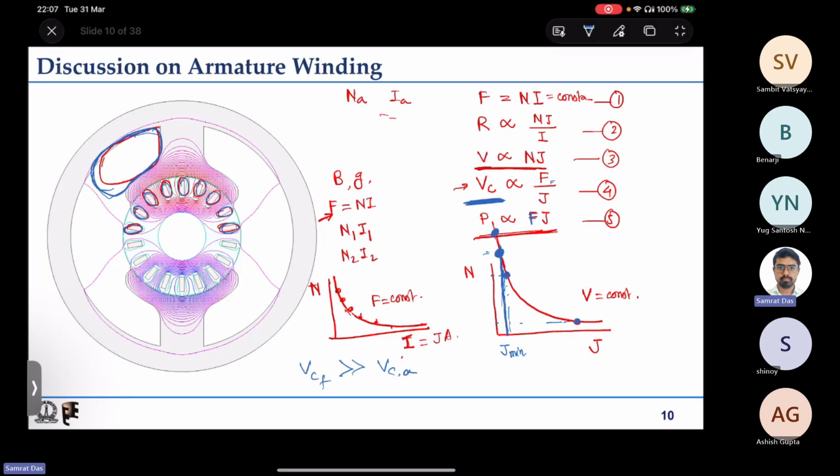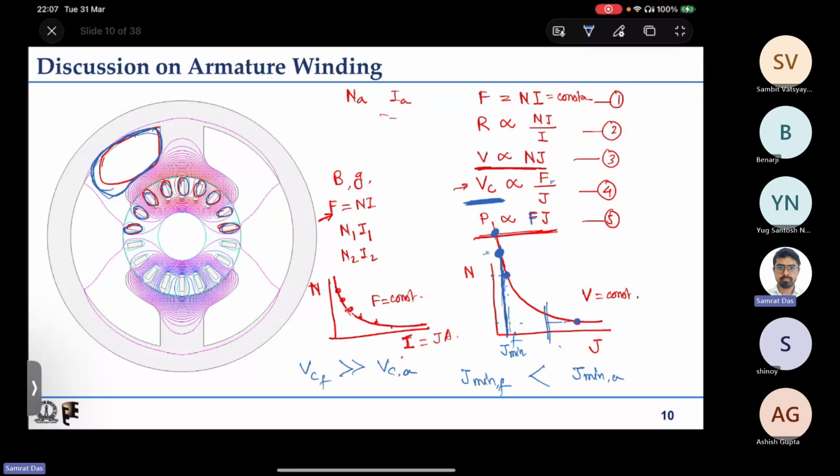If VC is very high compared to that of the armature, then whatever J minimum for field is, it will be quite small compared to J minimum of armature. So J minimum of field, say if it is here, J minimum of armature may be here.